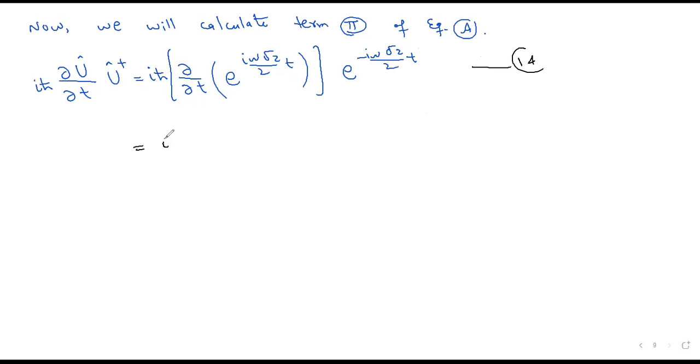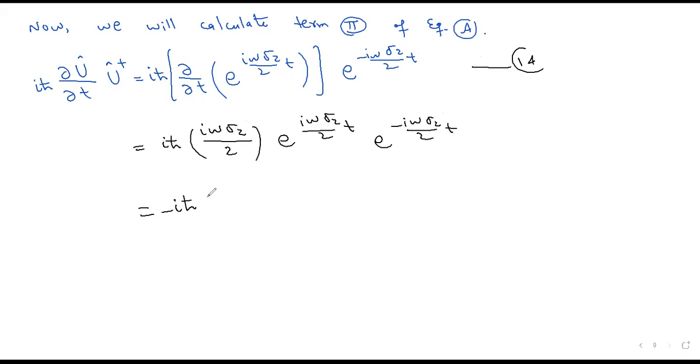Okay, let's simplify it. iħ times iω σz/2 and e^(iω σz t/2) times e^(-iω σz t/2), so this will just cancel out to 1, minus iħ, sorry, minus ħω/2 and sigma Z, by writing this into the basis vectors.